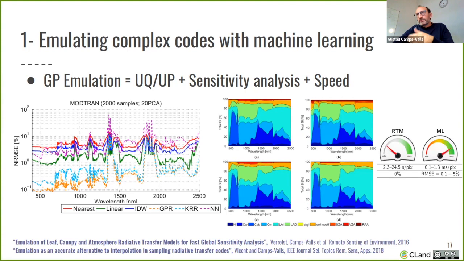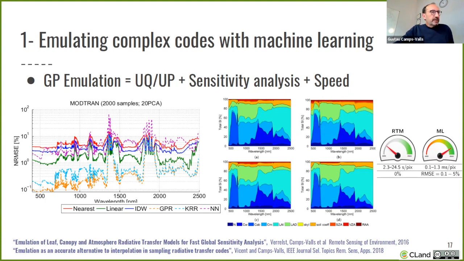It is also because of the computational efficiency, and because it provides confidence intervals for the prediction. So you can start using these products, not only the emulation exercise but also the uncertainty for the spectral bands, right? That is a good advantage, and you can reuse these GPs in further processing.